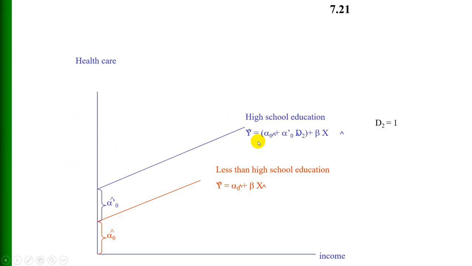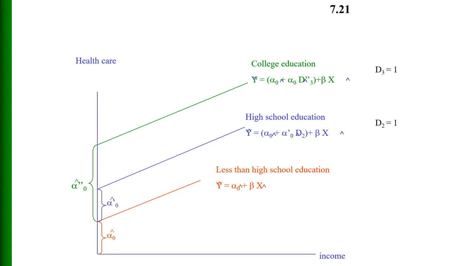So let us compare these various regressions. We had this one, D2 is equal to 1, this is the regression with high school education, this is the regression line with college education, and this one is the regression with the less than high school education. You see the slopes are the same, but there is a difference in the intercept.